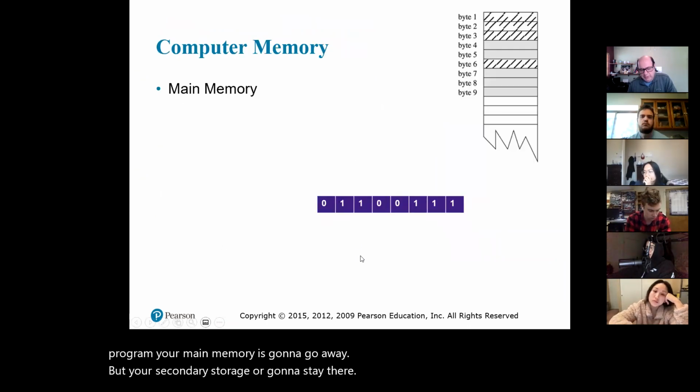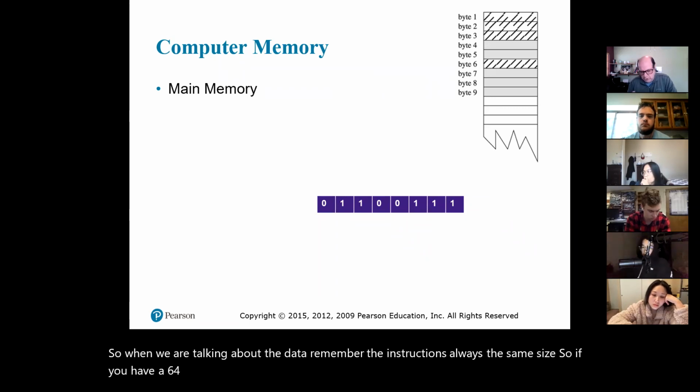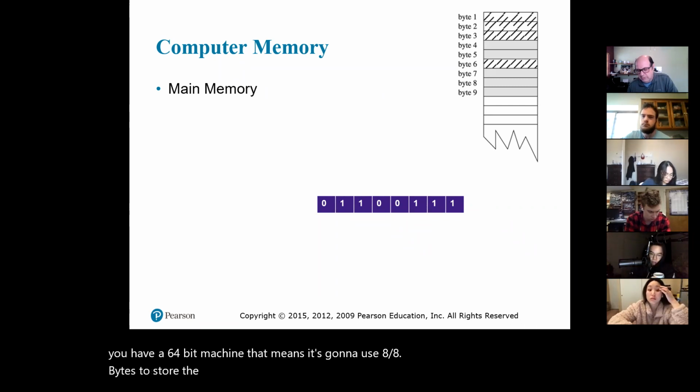So when we are talking about the data, remember the instructions are always the same size. If you have a 64-bit machine, that means it's going to use eight bytes to store the instruction. But the data doesn't necessarily have to be the same size.